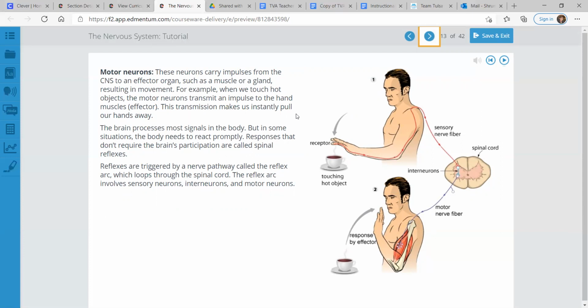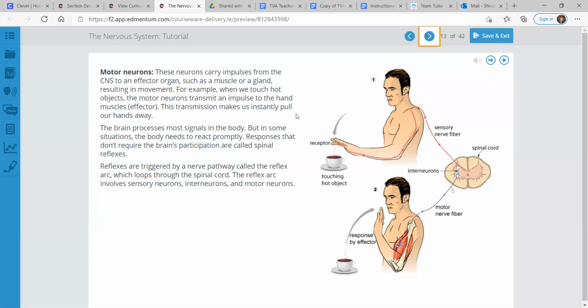The brain processes most signals in the body, but in certain situations, the body needs to react immediately, very quickly. Responses that don't require the brain's participation are called spinal reflexes. These reflexes are triggered by a nerve pathway called the reflex arc, and that loops through the spinal cord.